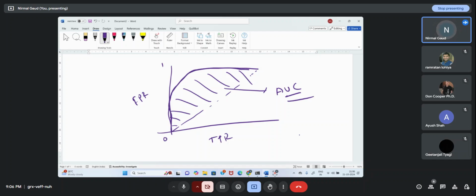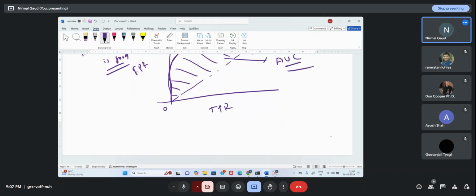If this curve is much wider, it means your model is good and its performance is good. But if the curve is not covering that much area, or it's narrow, so the area under the curve is less, that means the model performance is poor.